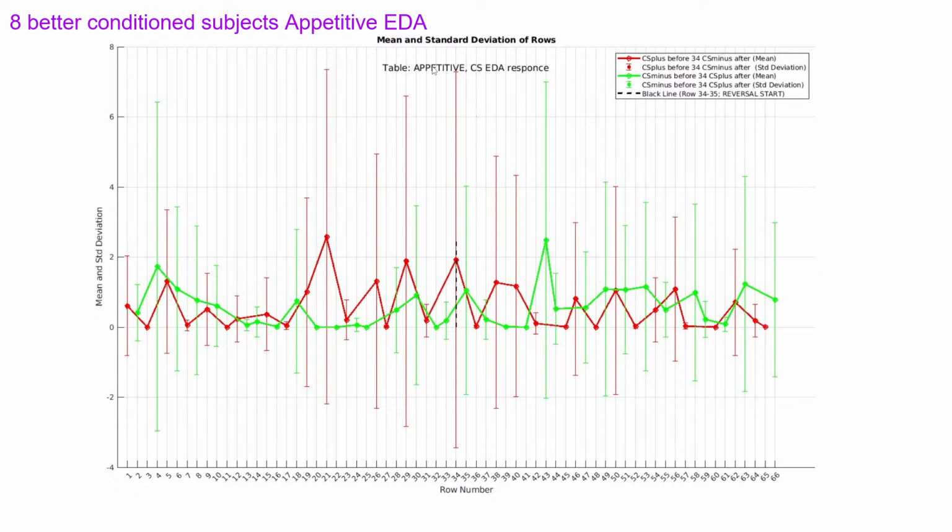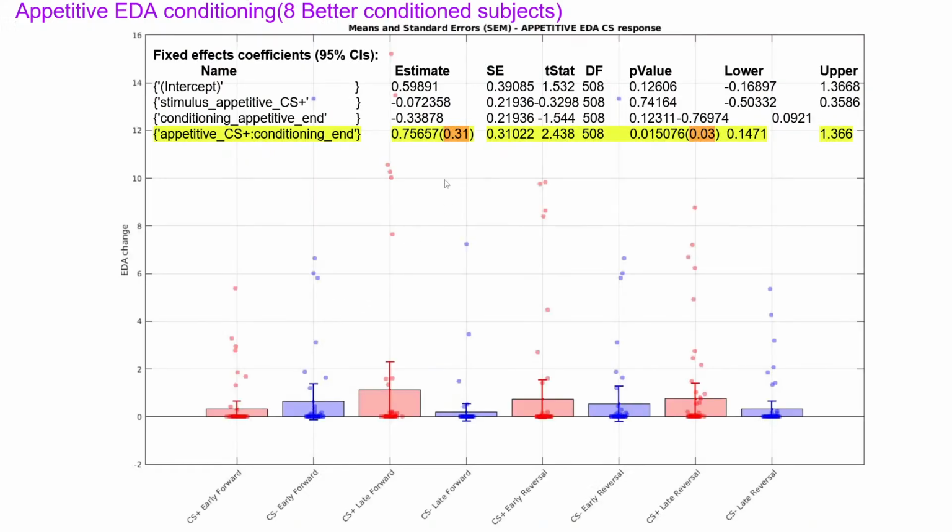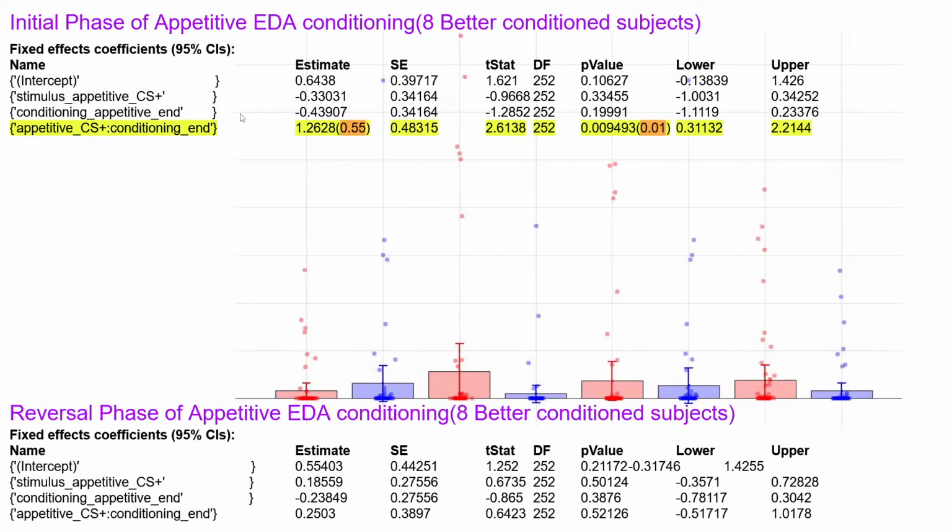And the appetitive CS EDA, we again see that the response is higher. Appetitive, once again, is conditioned only in the end phase of initial.